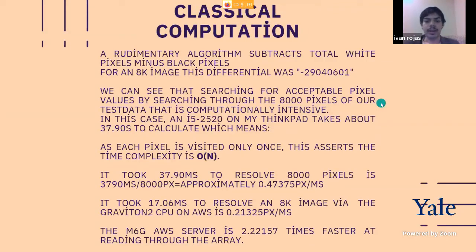It is actually computationally intensive to do such a task. I tried this locally on my computer and got roughly 38 seconds to calculate this arbitrary algorithm that can differentiate my black and white pixels in linear time, as every single pixel is passed through the algorithm only one time. We can then assert it is in O(n) time.